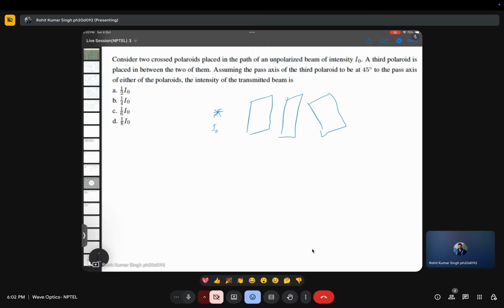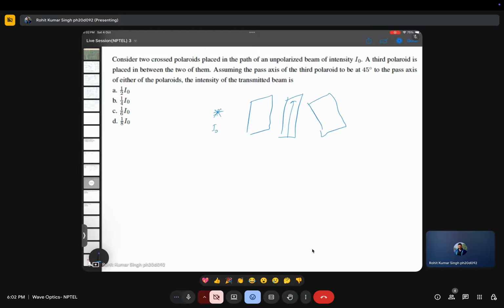Assuming the pass axis of the third polaroid is 45 degree to the pass axis of either of the polaroids. Okay, so what does it mean?